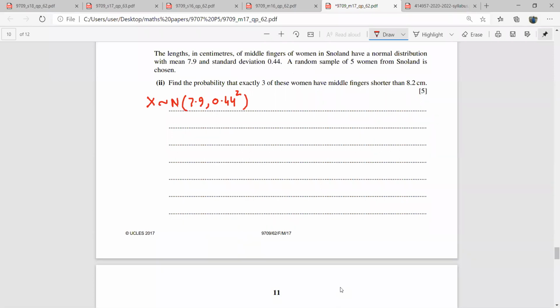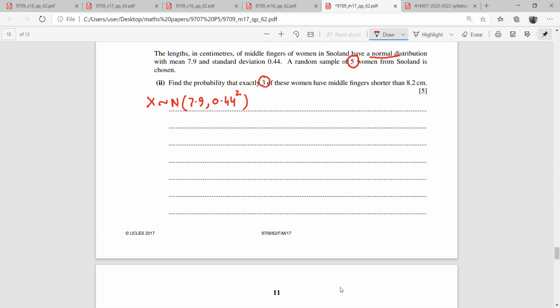Now this is a very dangerous question, guys. Within a question, two different distributions are playing here. One is giving us a normal distribution, and then it says, out of 5, we have to see exactly 3 of them.